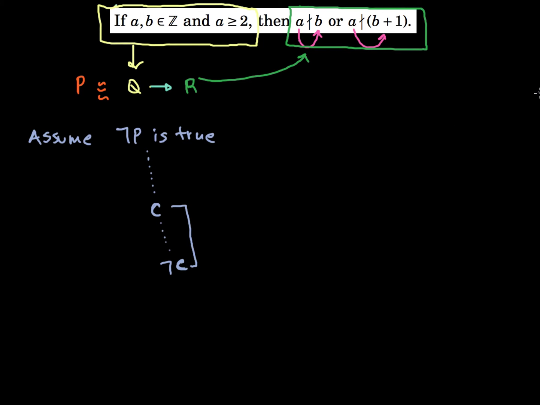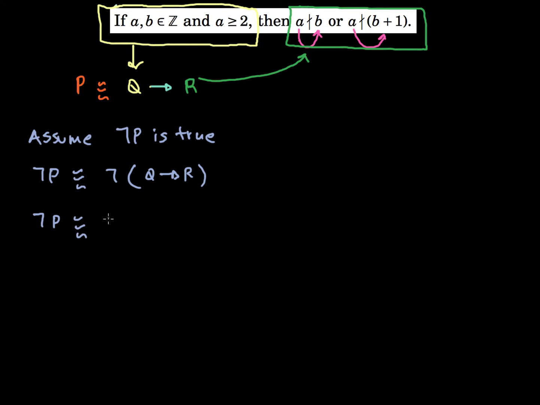The intuition was provided in my first two videos, which I highly encourage watching before jumping to these problems. Okay, so with this assumption that not P is true, it implies that the negation of if Q then R must be true, which is the same thing as saying Q and not R. Because I have a conjunction here, the entire thing must be true, which also means Q must be true, and not R must also be true.